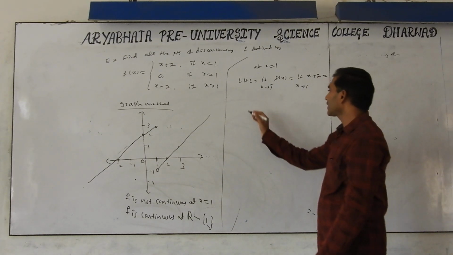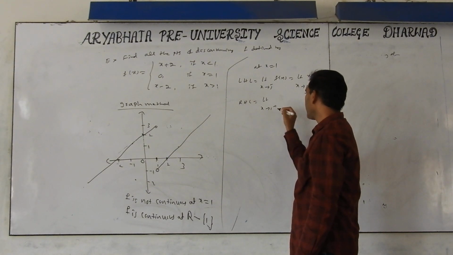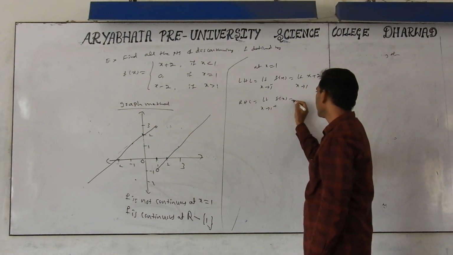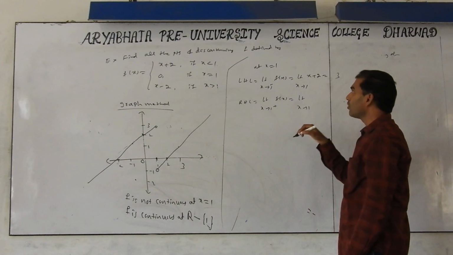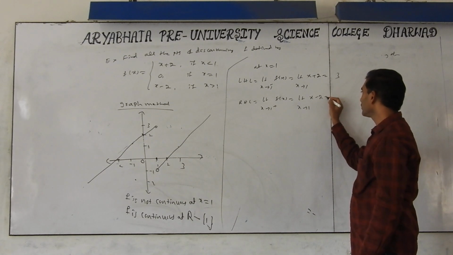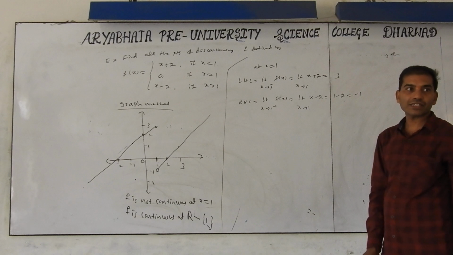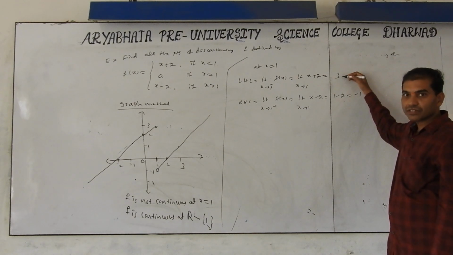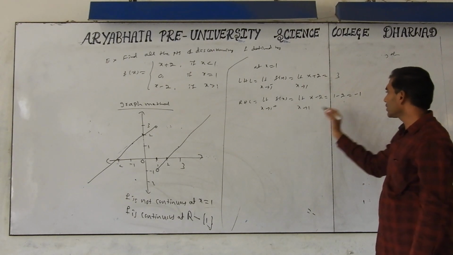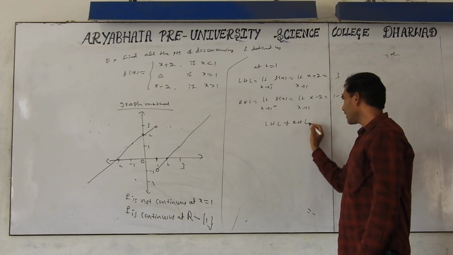Next, right limit RHL: limit x tends to 1 plus f of x. Limit of x tends to above 1, which is x minus 2. Put x equal to 1 here: 1 minus 2 equals minus 1. Left limit is 3, right limit is minus 1. So left limit is not equal to right limit.